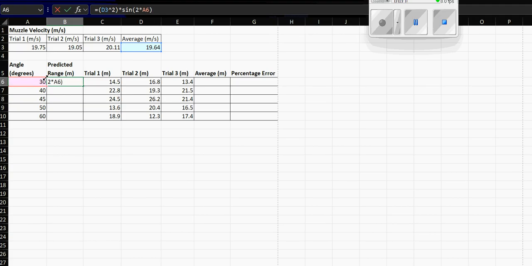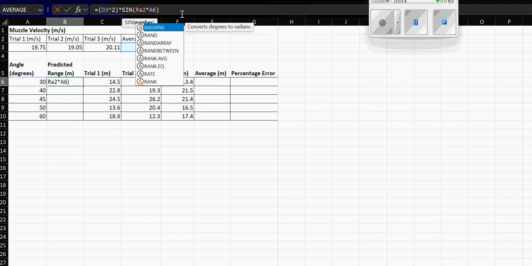Okay, now there's one more little problem here, and that problem is that it thinks I'm working in radians right now. So I have to tell it that that's not actually the case. So here's how I'm going to deal with that. I have the 30 here, that's in degrees. I'm going to actually need to convert that into radians before it goes into my equation.